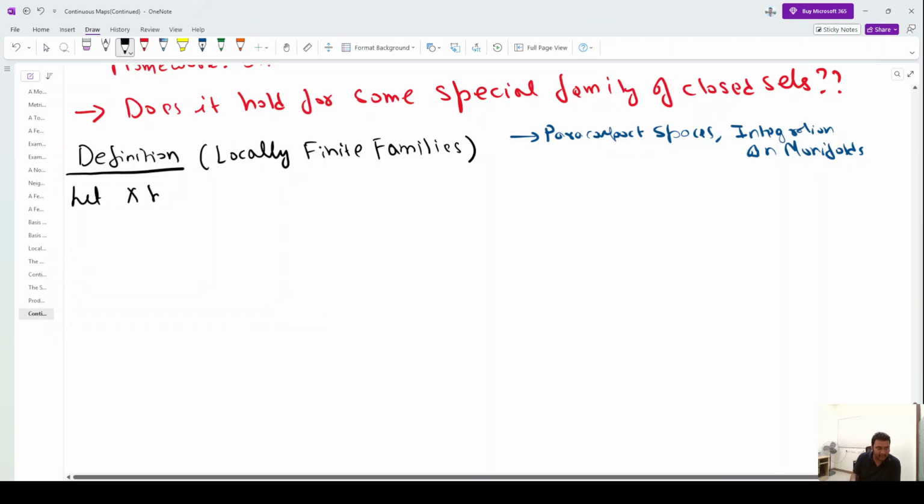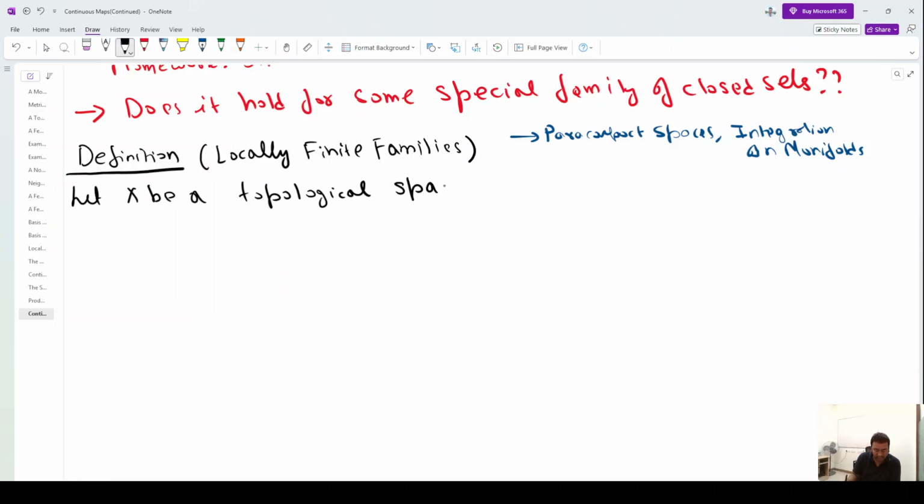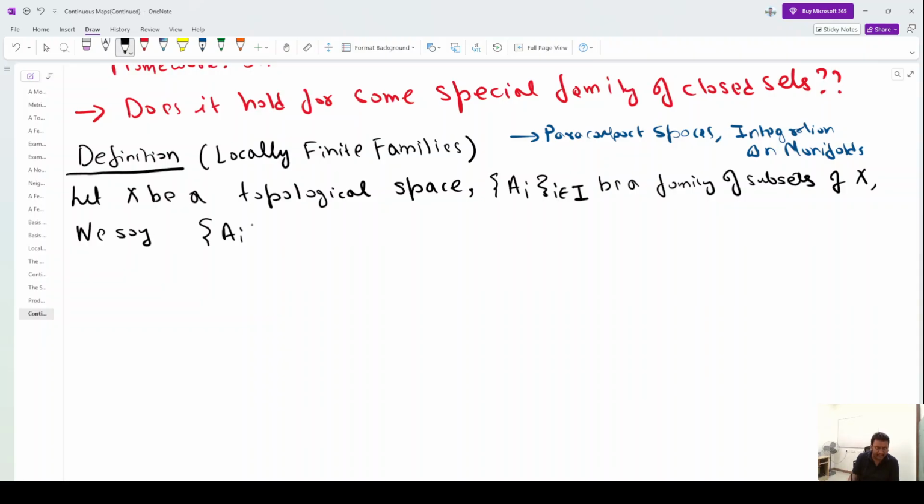Let X be a topological space and say A_i, i in I, some index set I, be a family of subsets of X. We say the family is locally finite if, see, we will justify the local word and the finite word.